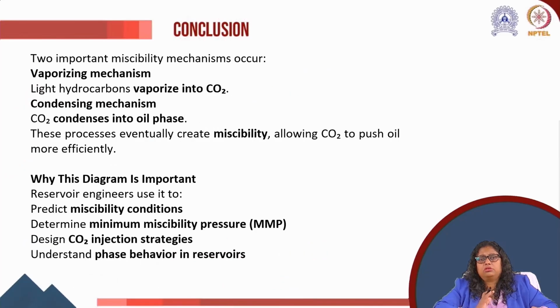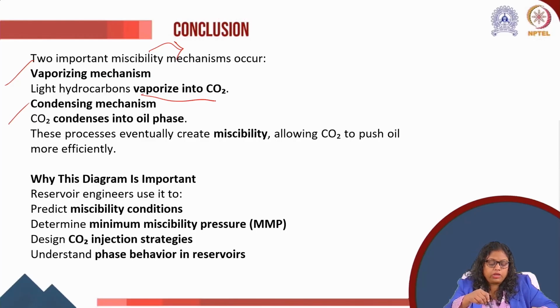Two important miscibility mechanisms occur: the vaporizing mechanism and the condensing mechanism. In the vaporizing mechanism, light hydrocarbons vaporize from the oil into the CO2, and in the condensing mechanism, CO2 condenses into the oil phase.